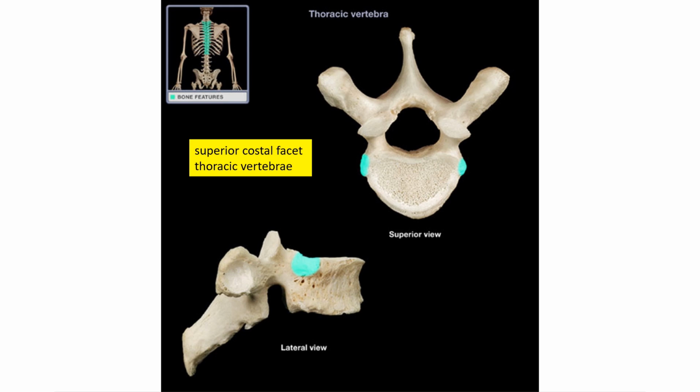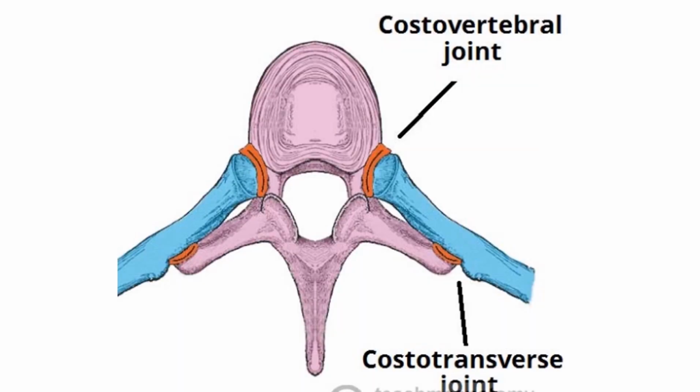Now, we have said previously that a rib articulates with two vertebrae, so each vertebra has half a facet, or semi-facet or demi-facet, for articulation of part of the head of a rib. So this is superior costal facet, and this is also superior costal facet in a lateral view.